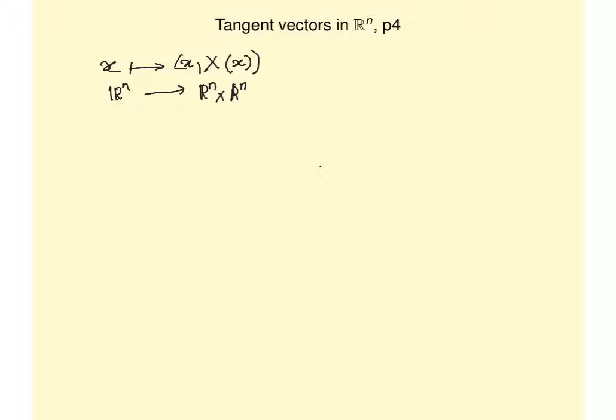Okay. And the capital X, of course, is a function of little x. But the actual map from Rn to Rn cross Rn is usually denoted by the same letter.